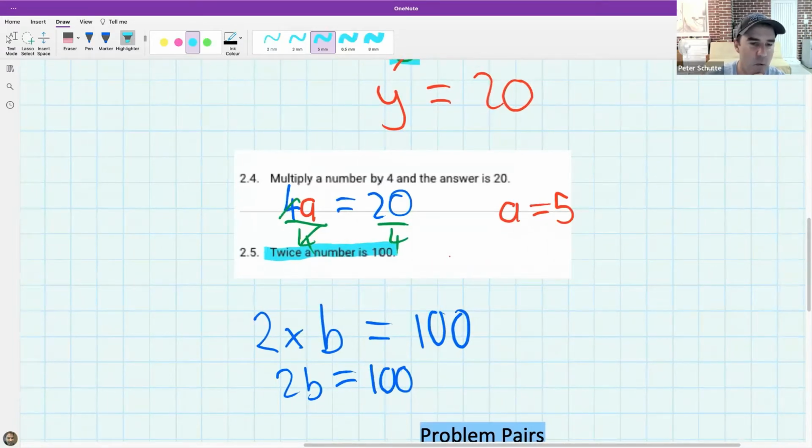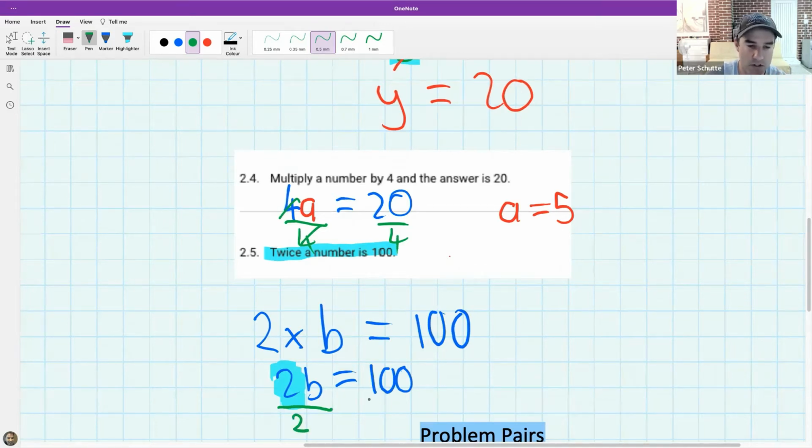And then I want you to think, what is the opposite of multiplying by 2? So what is the opposite of multiplying by 2? And that's what we need to do to both sides. Okay, so the opposite of multiplying by 2 is not minus 2. Okay, it's division, yes. But when I divide, I can't just do it to the one side.